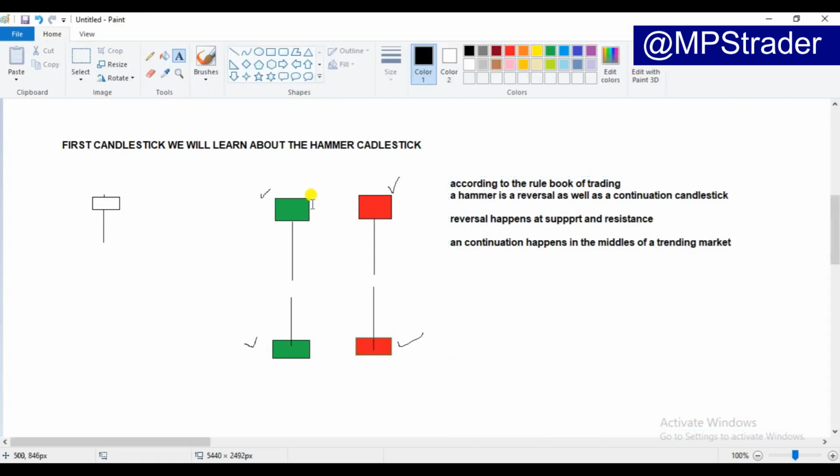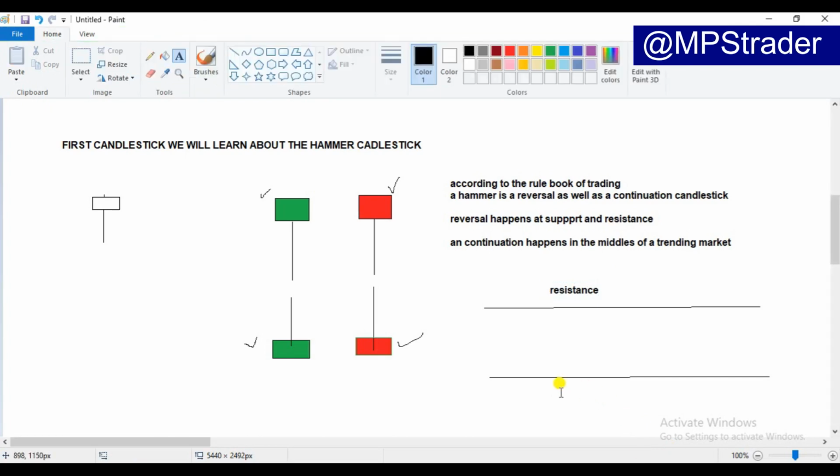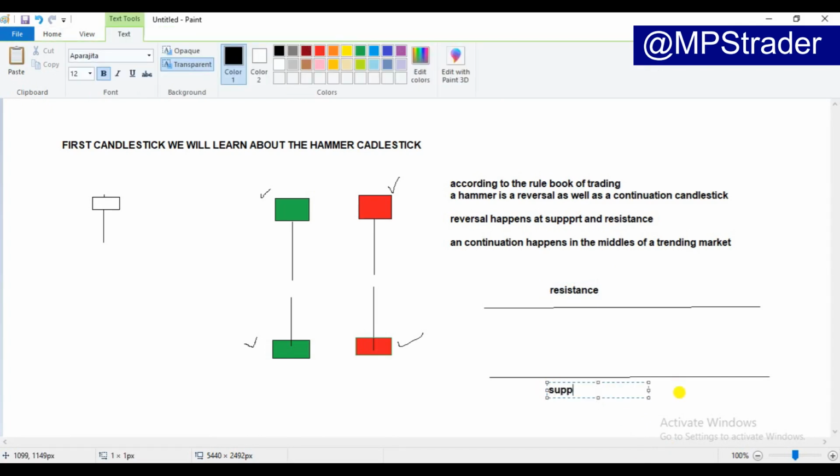So if these hammers are formed, suppose this is a resistance and this is a support.